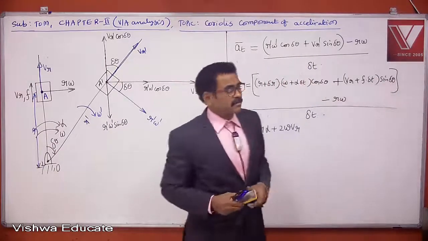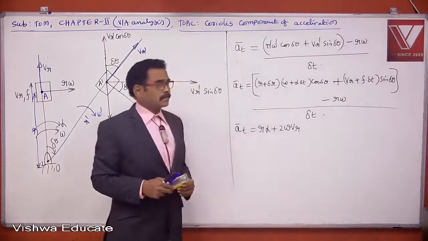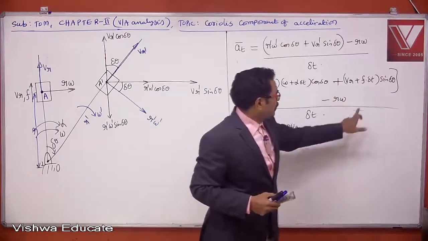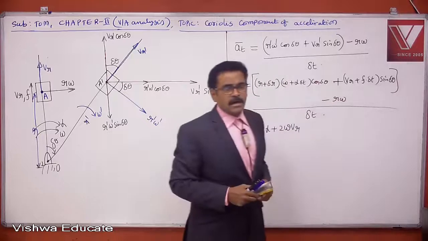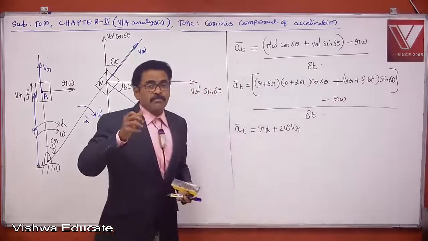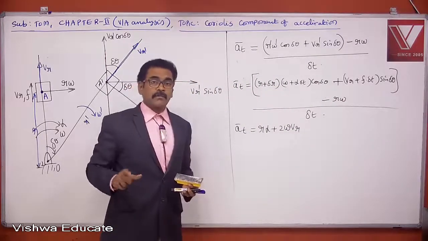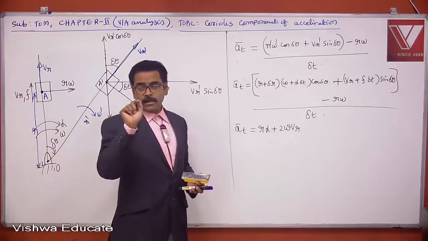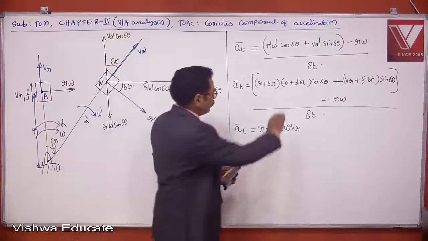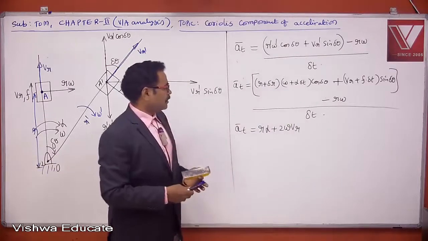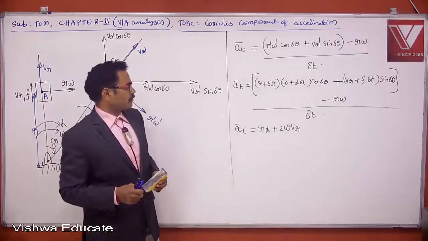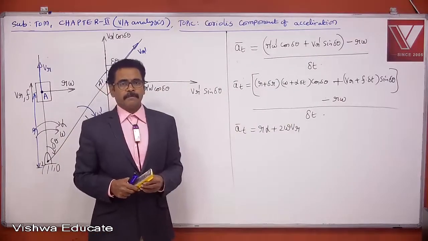When theta is very small, sin theta becomes theta. So here you may put 1, here you may put delta theta, and you may neglect the product of two small quantities. Wherever you get a product of two small quantities, you can neglect that product also. Upon simplification, you get this equation, r alpha plus 2 omega VR.